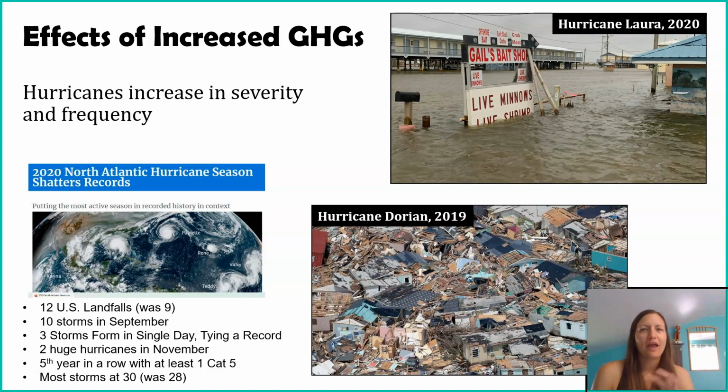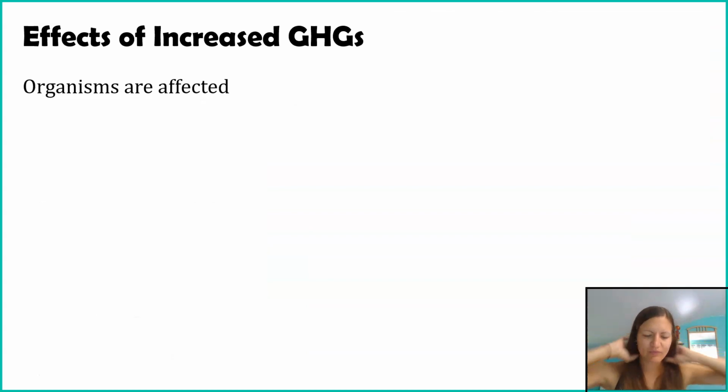So now that we've focused on the impacts to climate and even local weather, we're going to talk about something tangential, thinking about organisms. So we've talked about how humans are impacted, how agriculture, how infrastructure is impacted. But, don't know if you guys know this, humans are not the only things that live on Earth. There are other organisms that are impacted as well.